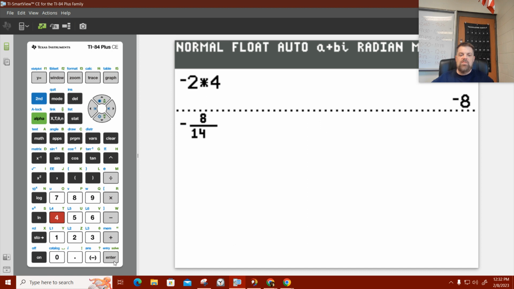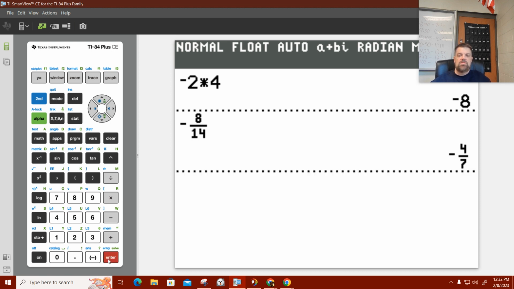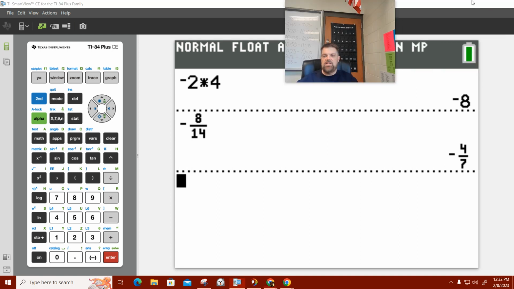So we always want our fractions in simplest terms. You should do this every time you have a fraction for an answer, and the calculator automatically simplifies it. What's the simplest form? Negative 4/7. Very good. Thank you for remembering the negative.